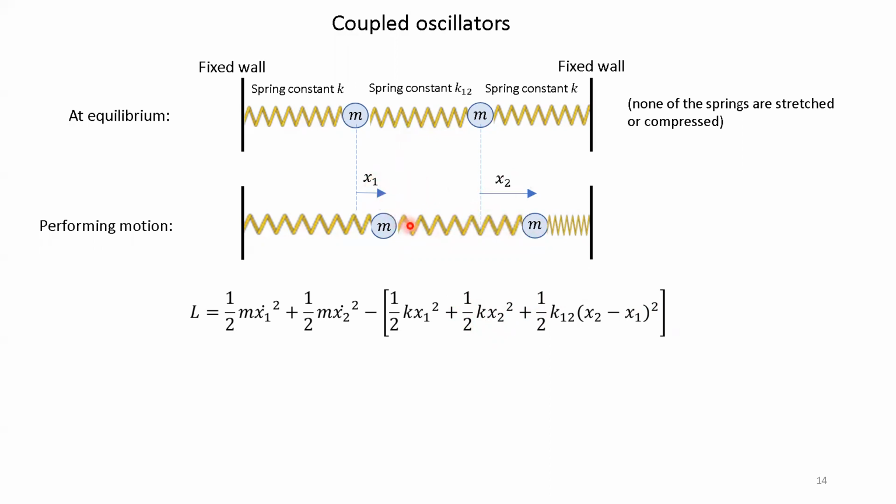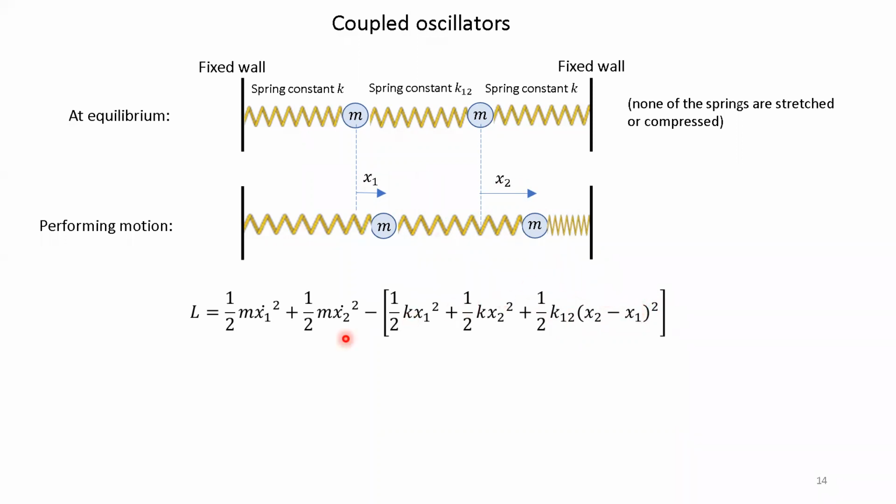So the amount that is being stretched is x2 minus x1, and that's why I have this 1/2 k12 (x2 minus x1) squared. Again, you don't have to worry about the other cases. What if this x2 is smaller than x1? In that case, this one may become a negative number, but it doesn't matter because of the square term.